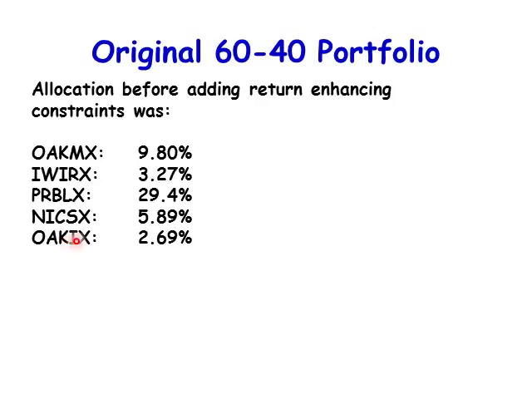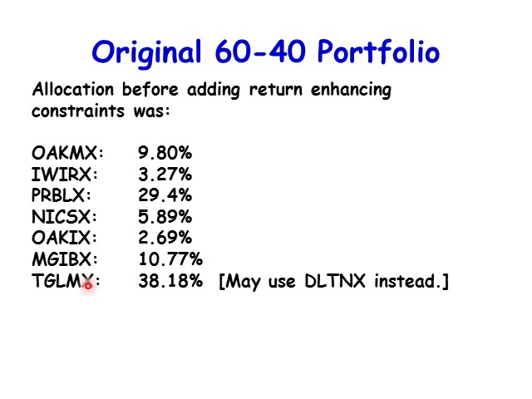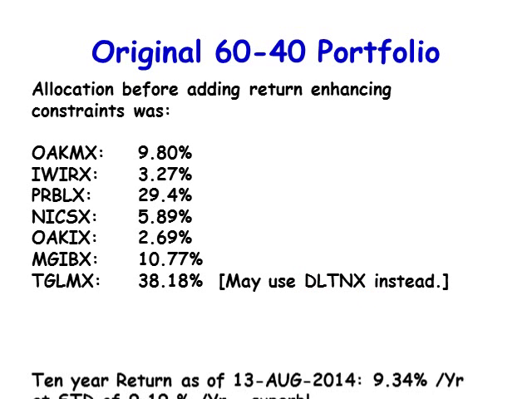Oakmark International 2.69%, MGIBX 10.77%, TGLMX 38.18%, and I would rather use DLT, the DoubleLine Total Return series fund. Okay, let's continue from here.